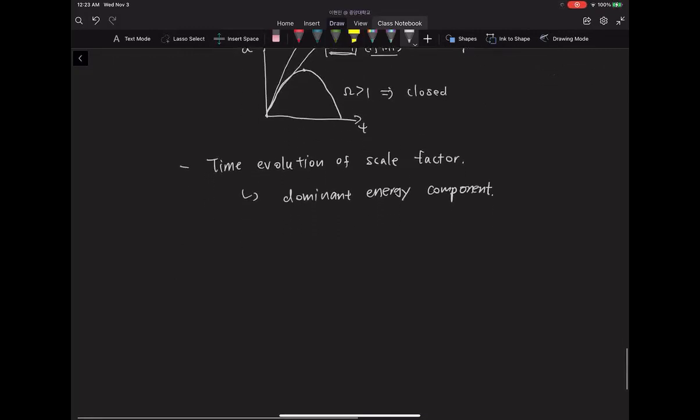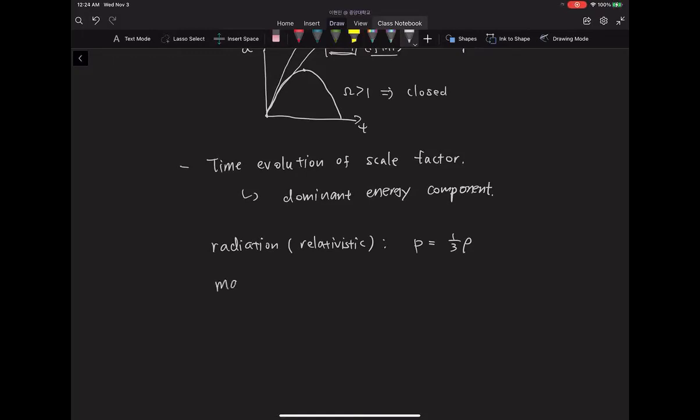There are three kinds of energy densities. The first is radiation, which means relativistic particles. If relativistic particles dominate, then the pressure of the system is given by 1/3 times the energy density.